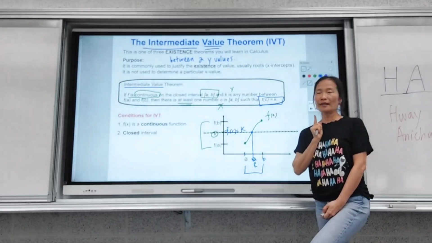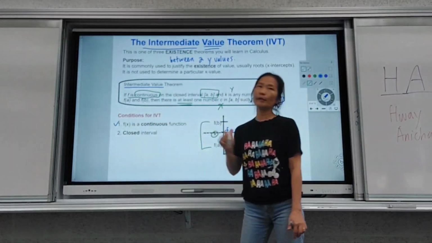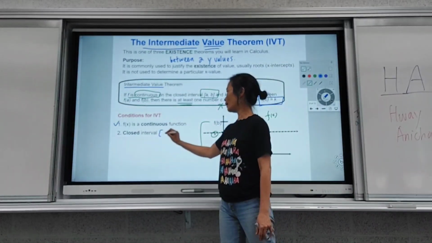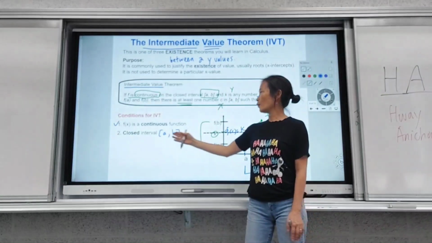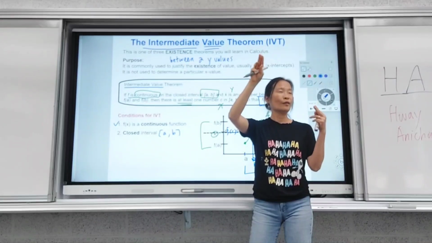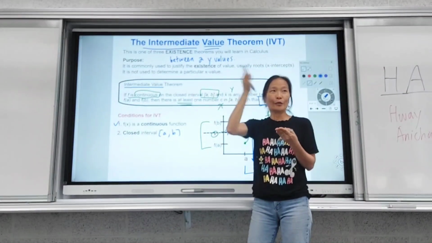And then what is the key component? Number one, you have to address the continuous function. Number two, on the closed interval [A, B], usually it's within the interval, because why? We need to find the endpoints. What is the high value and low value? So we can put the value in between.